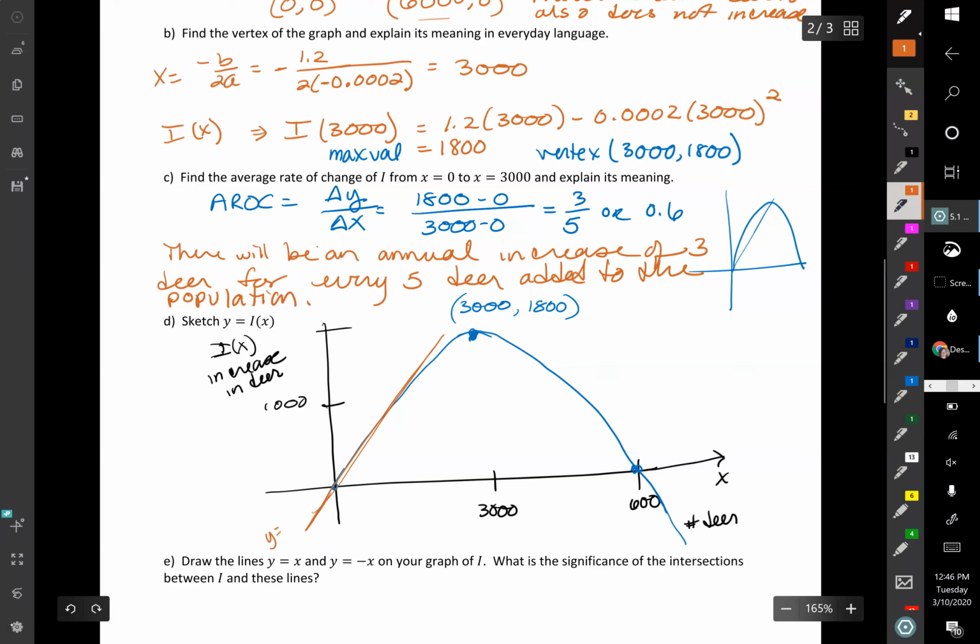That's the line y equals x. And there's also the negative one. This one, I'm not going to get too much into. We get more into that in pre-calc, so I think we'll just skip that. I just wanted you to see how these lines go.